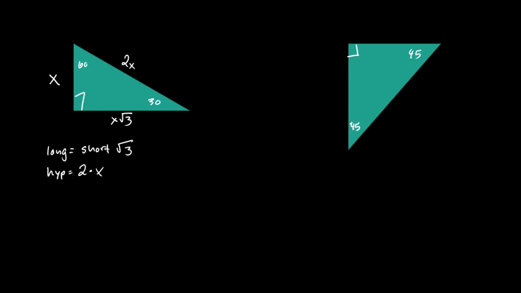For a 45, 45, you should know if there's 45 degrees up here, there's going to be 45 degrees here, and that means those angles are congruent, so their opposite sides are congruent as well. That's a dead giveaway, and that makes it really easy to find another side if they don't explicitly give you that value. So if one of the legs is x, you know the other leg is x.